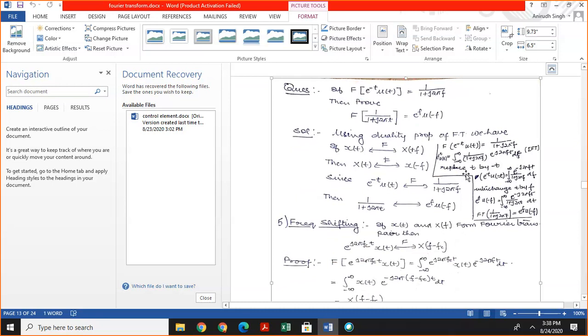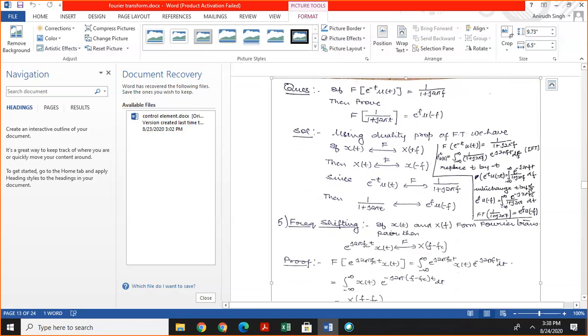Then replace t by minus t. So we get exponential t multiplied by u of minus t equal to the integral from minus infinity to plus infinity of exponential minus j2 pi ft divided by 1 plus j2 pi f df, and then interchange t by f.